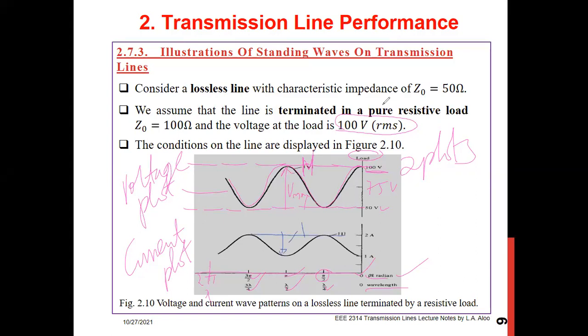When the voltage is maximum, current is minimum for us to maintain the same power. And like here, where voltage is minimum, now current is maximum. I hope we are seeing that. Here, voltage is minimum, current is maximum, and so on and so forth.